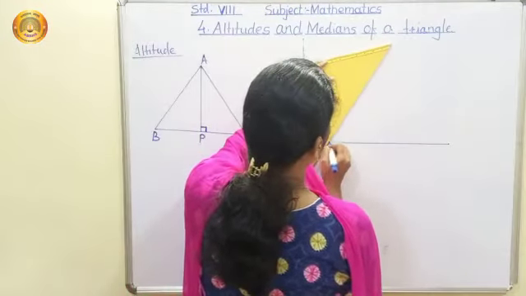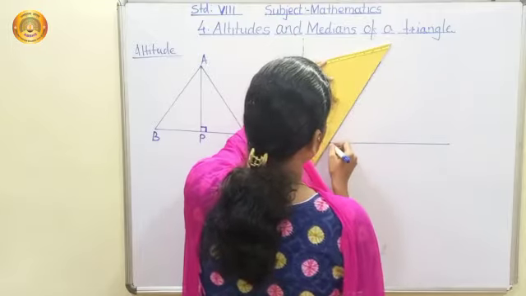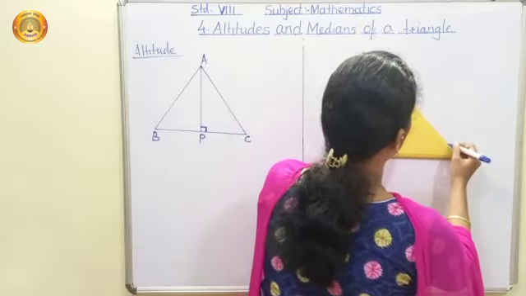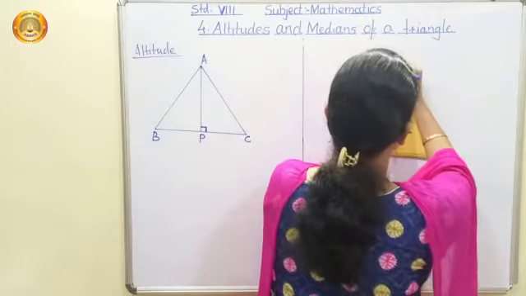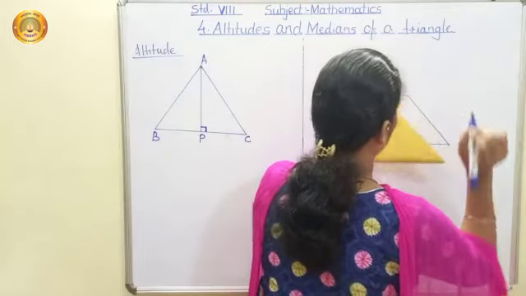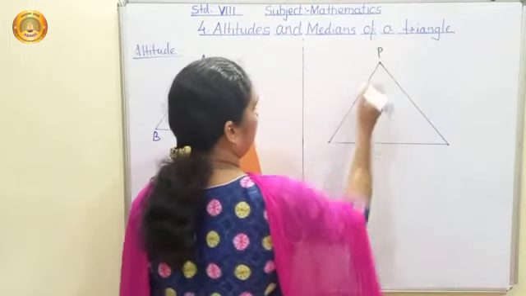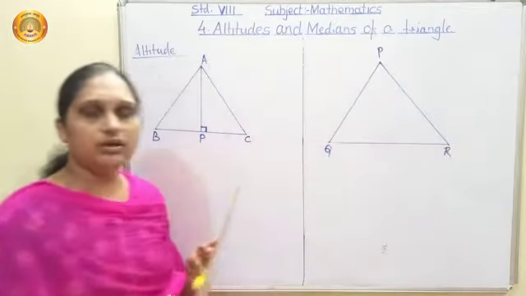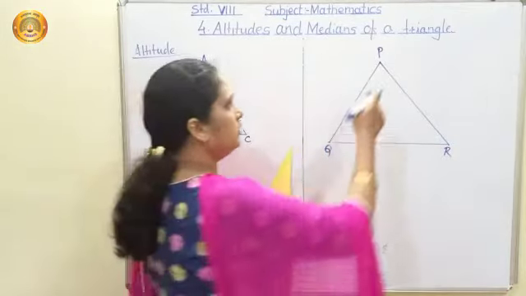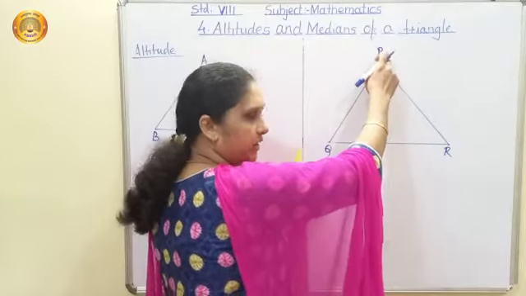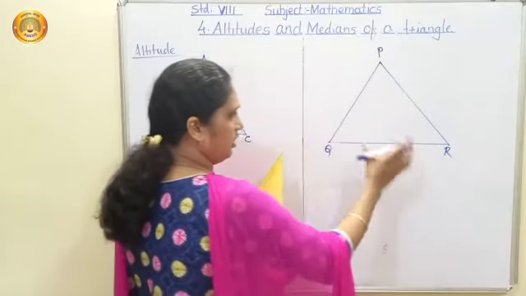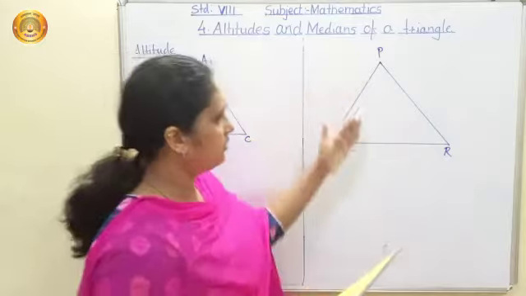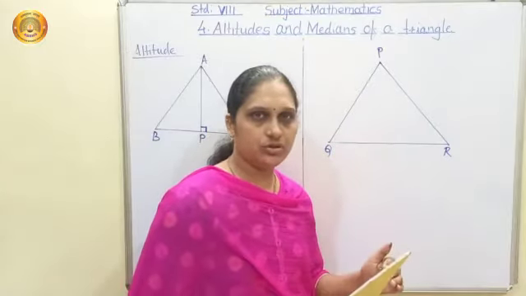So I'll take a triangle like this. I'll give the names P, Q, R. Now I have to draw the altitude. So I'll take a vertex P and a base QR. So from P on QR, I have to draw a perpendicular.